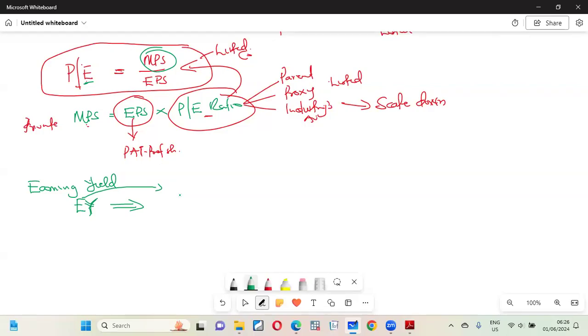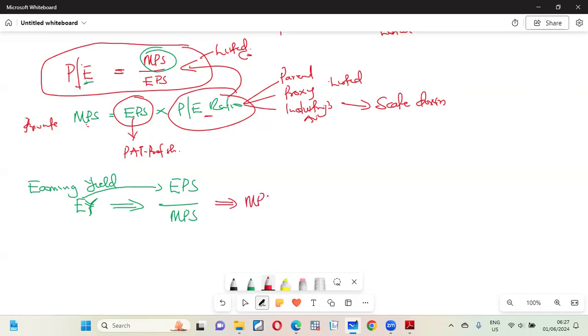So as you see in here, the E is for earnings per share. Then the Y, like you saw in the other formula, is the market, so MPS. So if you want to value a business, your focus is on the MPS.